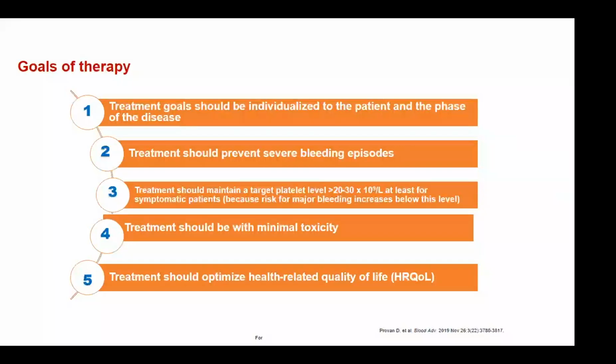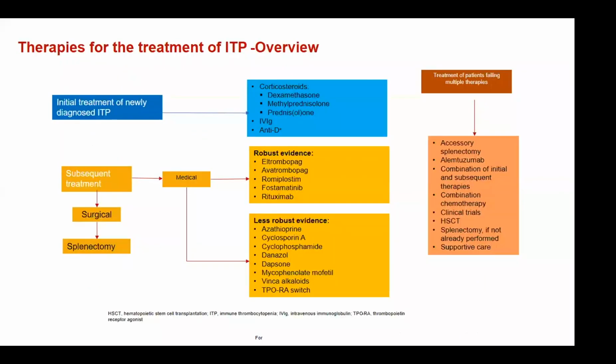Also, the treatment should prevent severe bleeding episodes. The treatment should maintain a target of more than 20 to 30 at least for symptomatic patients, because the risk of major bleeding increases below this level. Treatment should be with minimal toxicity, and should optimize health-related quality of life.